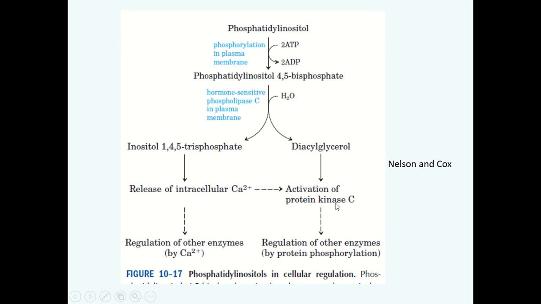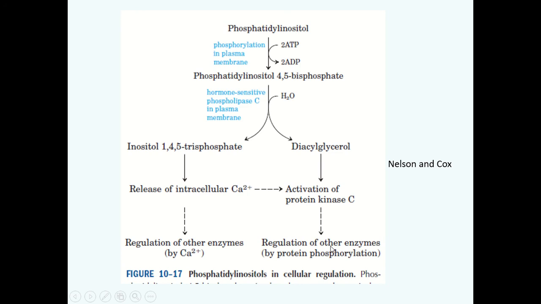Kinases are those enzymes which phosphorylate their target proteins. So protein kinase C binds to its target proteins. Most of them are enzymes, and therefore it phosphorylates them. The activity of proteins is regulated by phosphorylation and dephosphorylation. Many proteins or enzymes become activated upon phosphorylation while others become inactive upon phosphorylation.